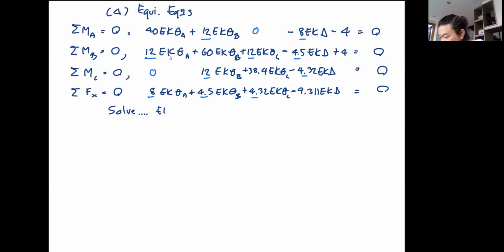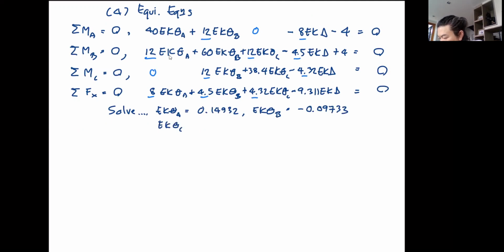So EK zeta A is 0.149. For your reference, crazy numbers now. EK zeta B is minus 0.09733.